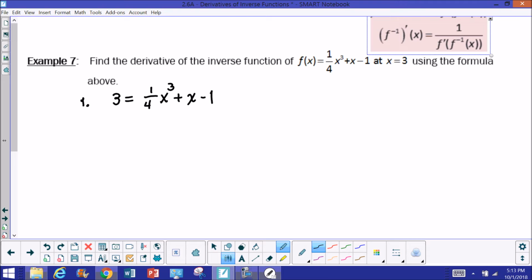Rather than show you the calculator procedures, because I don't have the calculator software on this particular computer, I'm going to ask that you go to your TI Inspire and input this command. I want you to solve 3 equal to 1/4 x cubed plus x minus 1, and you'll solve that for x.